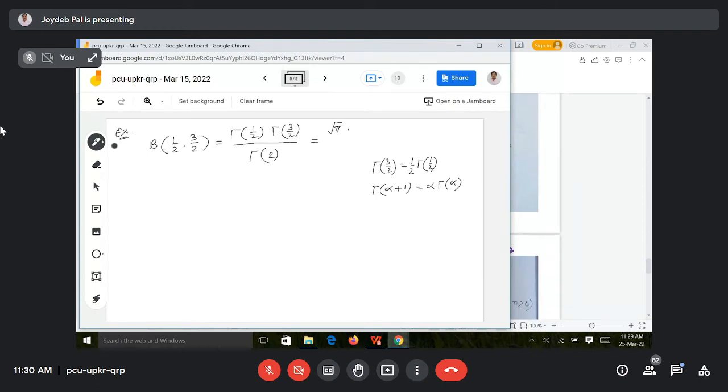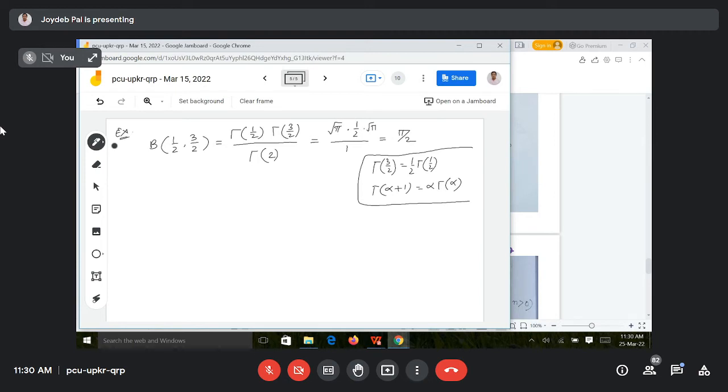So the gamma 3 by 2 value is 1 by 2 into root pi. And what is the value of gamma 2? Factorial 1, that means 1. So it is pi by 2.